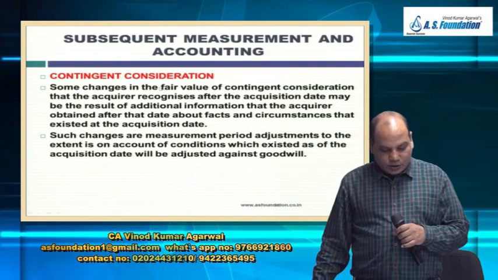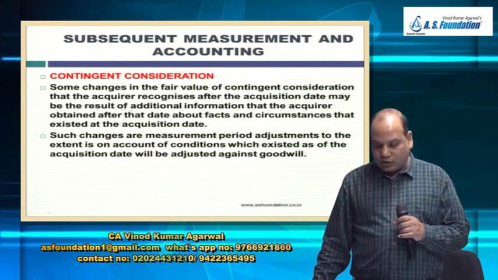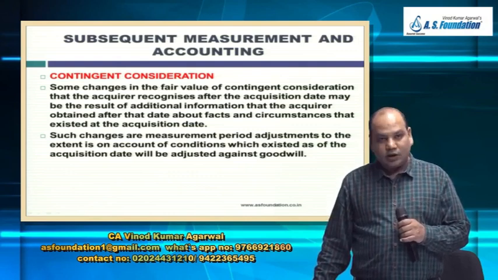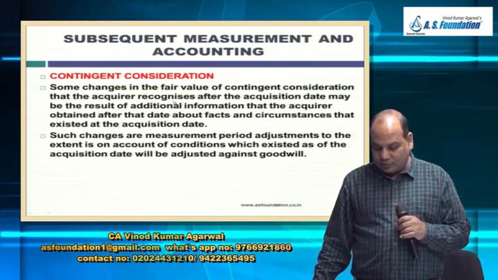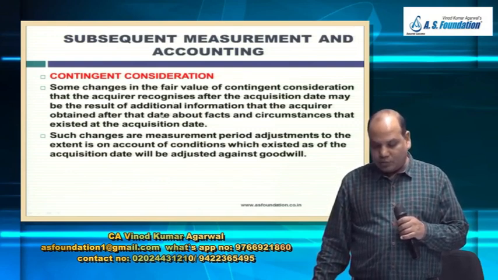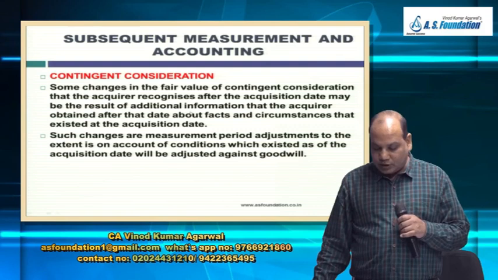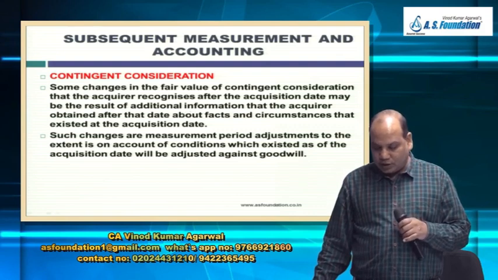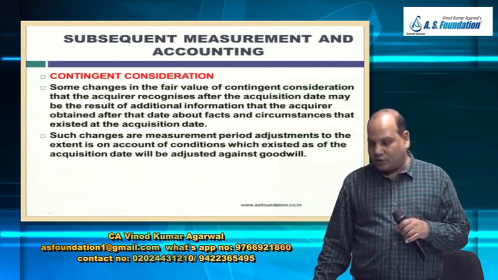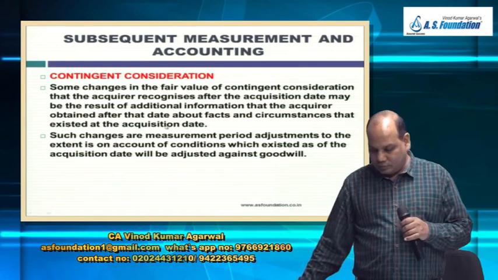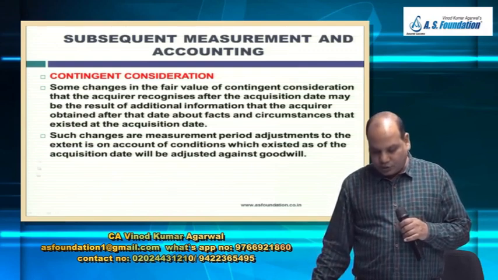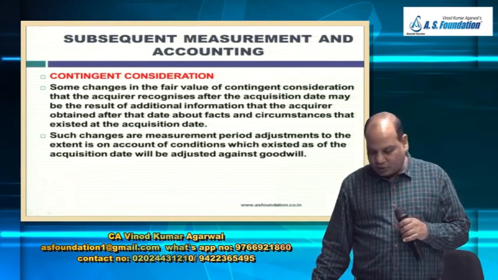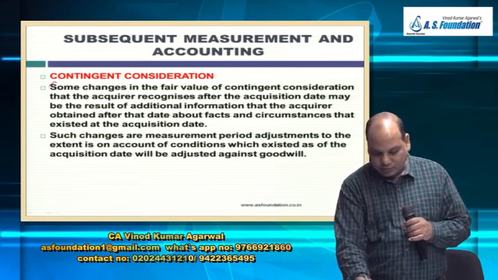Some changes in the fair value of contingent consideration that the acquirer recognizes after the acquisition date may be the result of additional information that the acquirer obtained after that date about facts and circumstances that existed at the acquisition date. So first point is that this is called measurement period adjustment.